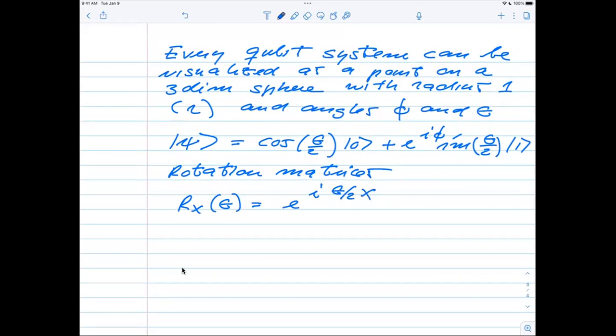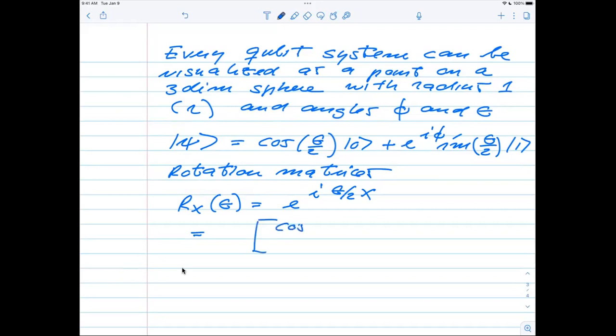When we use the property of the exponential, and that the identity matrix squared is equal to 1, and the sigma x, sigma y, sigma z matrices squared are equal to the identity matrix, we can rewrite this as a matrix which looks like this.